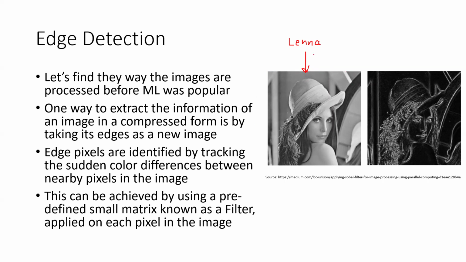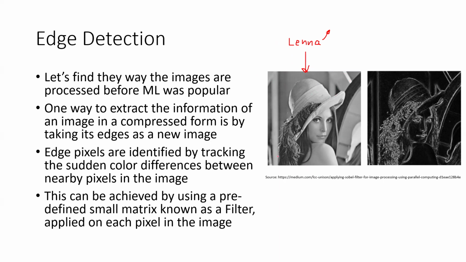Actually, this was taken by one of the earlier scientists in computer vision. If you want to know more about Lena, you can Google it and see the history of Lena. I will not explain it here. It is an interesting story how they found this image and how it became a standard image for computer vision, right?